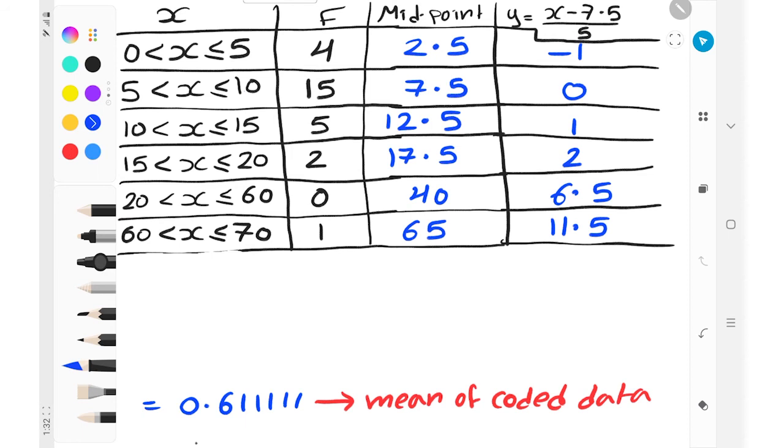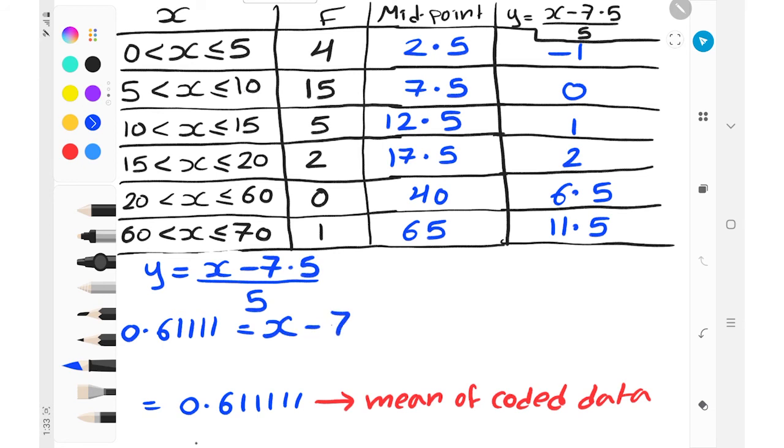So my code is y equals x minus 7.5 divided by 5. So the mean of coded data is 0.61111. I don't want to round it because I will get a wrong value. So I will keep it like this.